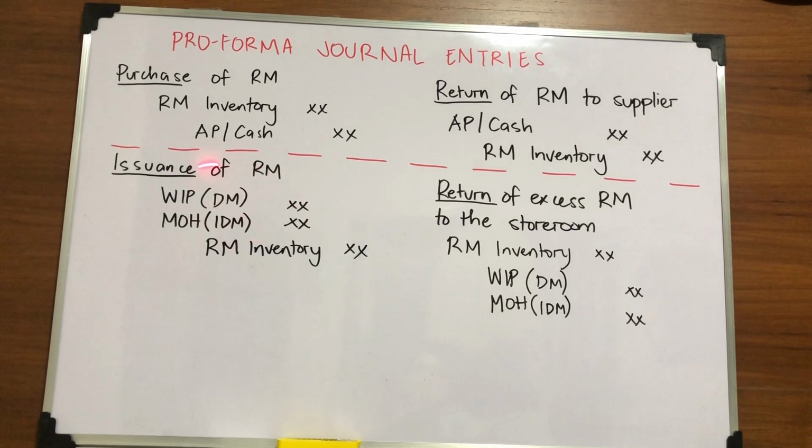So we have successfully issued the raw materials to the production process, but sometimes it happens that there is a wrong production forecast.